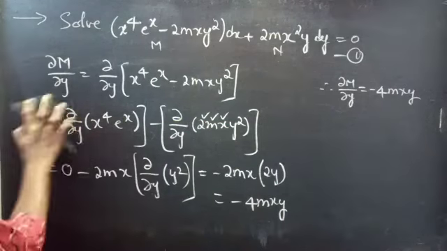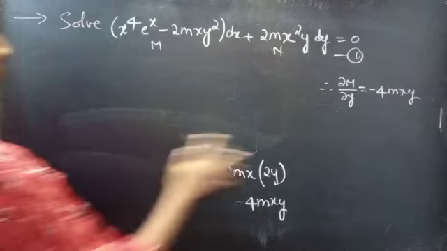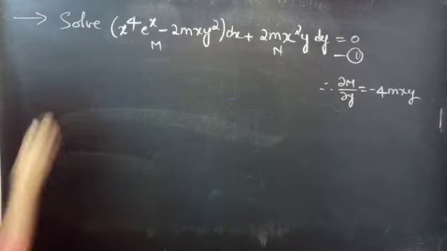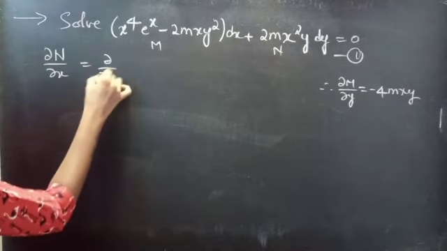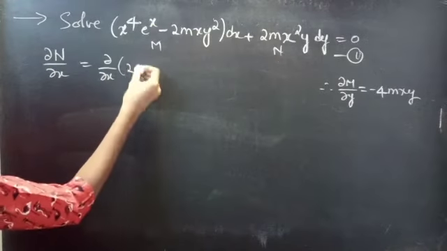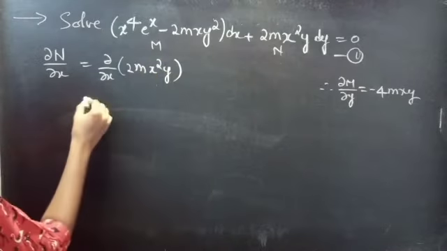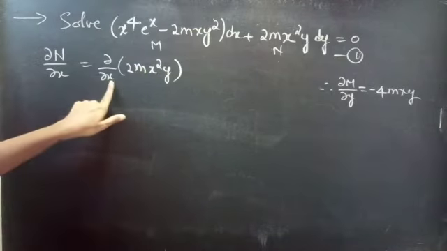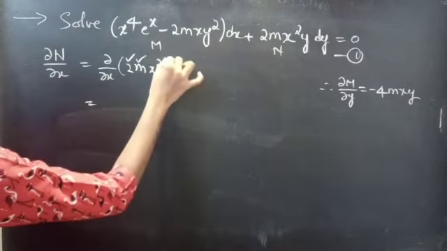Now let's find the partial derivative of N with respect to x. Partial derivative of N with respect to x equals ∂/∂x of 2mx²y. Since we are doing partial derivative with respect to x, y will be treated as constant. Here 2m and y are constants.